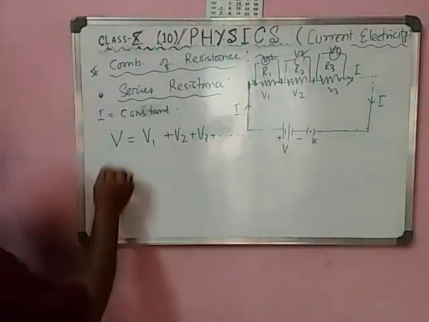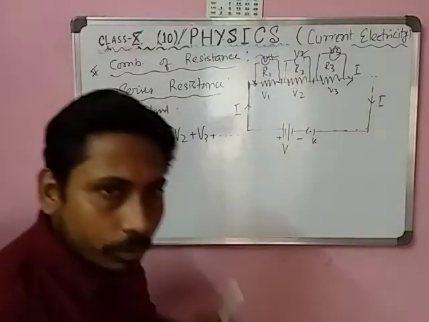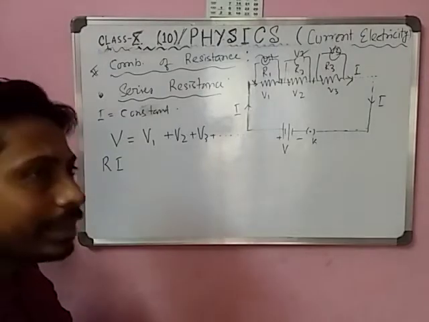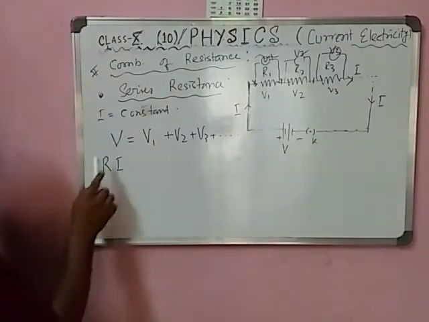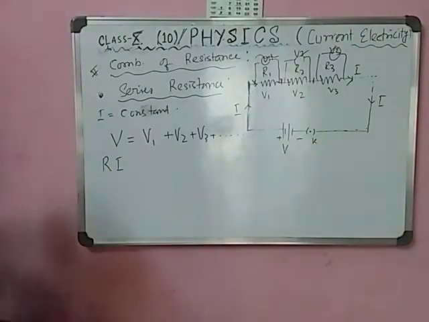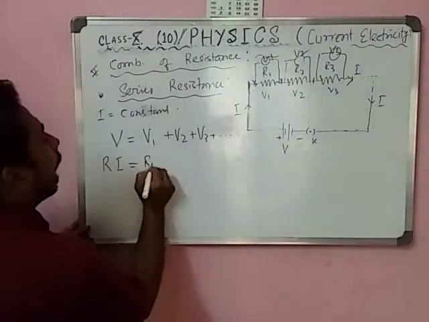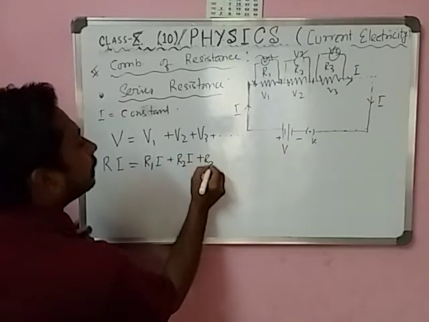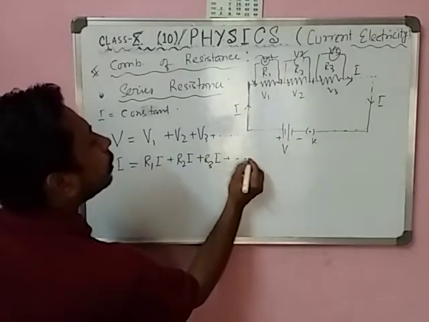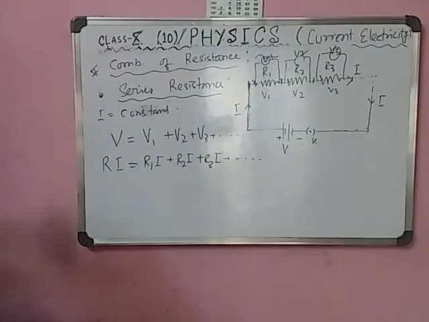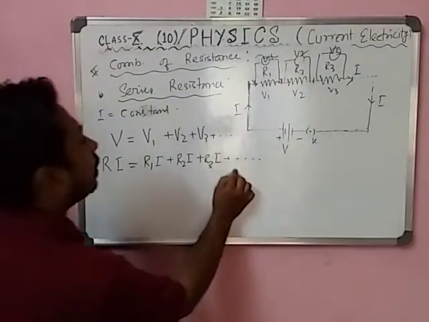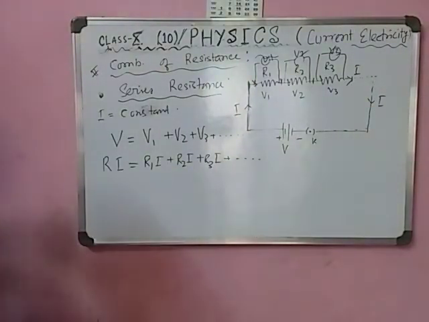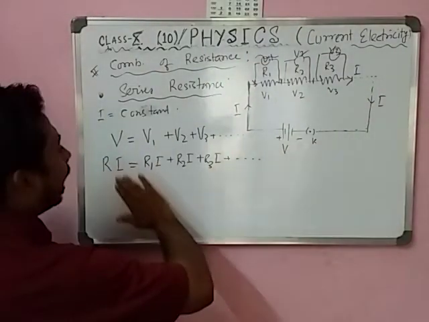Now in place of V, using Ohm's law, you can write R into I, because Ohm said that V equals RI. So here also you can put R1 into I plus R2 into I plus R3 into I and so on. There is no change of current because they are in series. In series combination, current is constant, so the same current I flows everywhere.